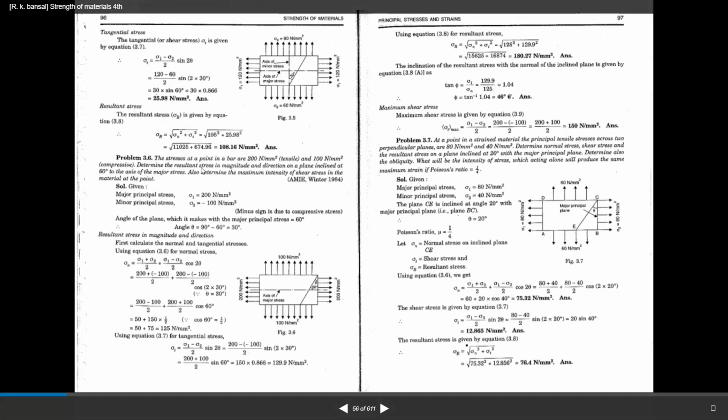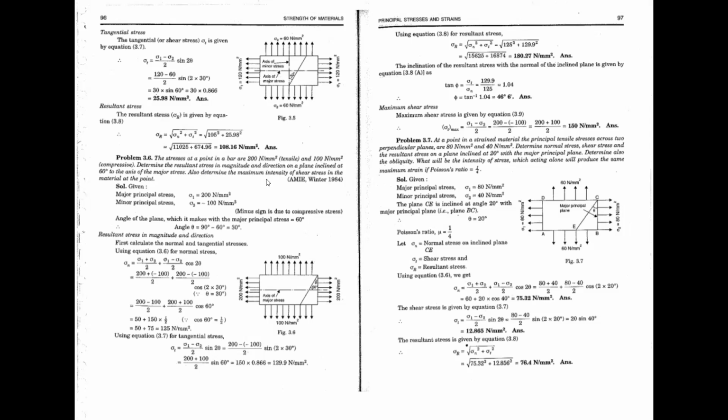Determine the resultant stress in magnitude and direction on a plane inclined at 60 degrees to the axis of the major stress. Also determine the maximum intensity of shear stress in the material at the point.